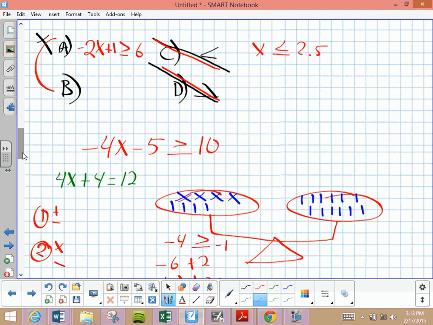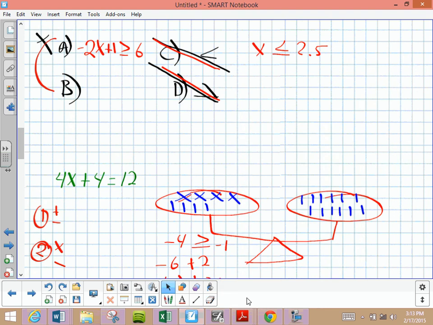All right. So let me show you this one right here. It is a balance. If we have a balance like that, and it's showing you two different things, on one side you have all of this, on the other side you have all of that, it also is giving you the equation. Do we need that? If I'm trying to find the value of x, do I need that diagram?